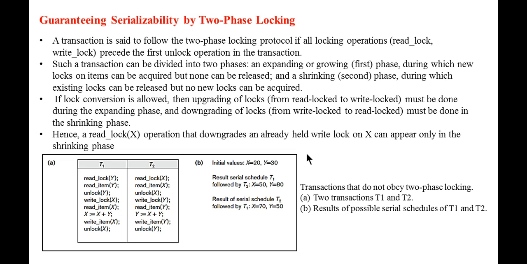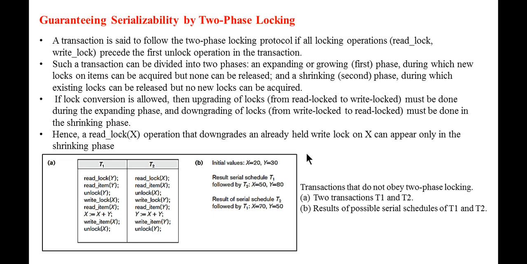The statement of two-phase locking is that the first unlock operation must come after all the lock operations. That is, all the lock operations must precede the first unlock operation. This statement is very, very important.